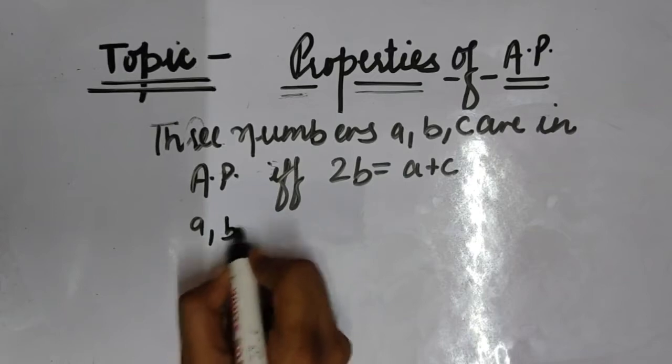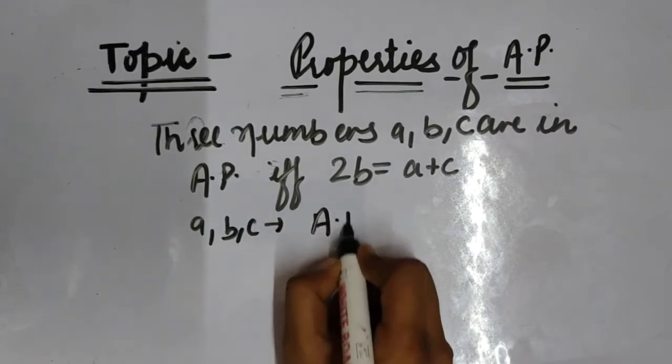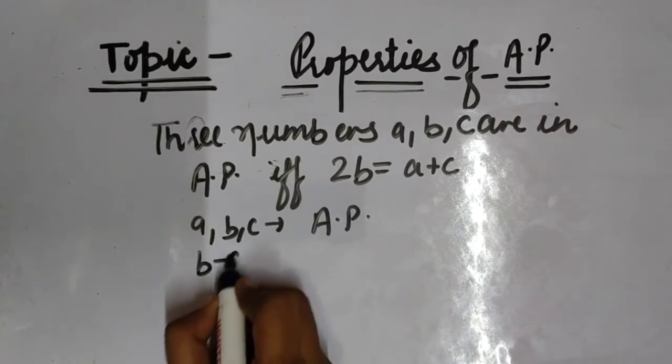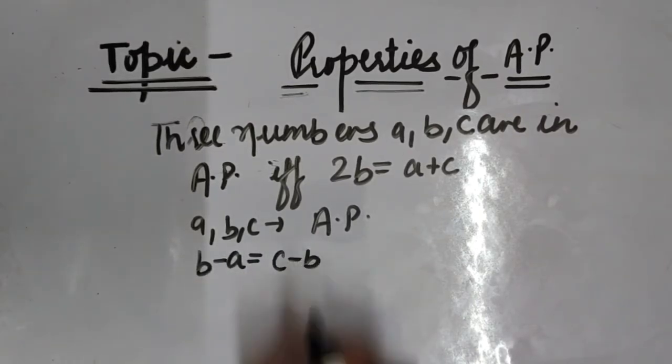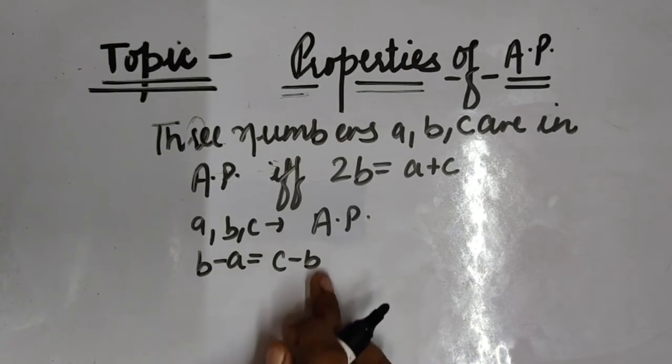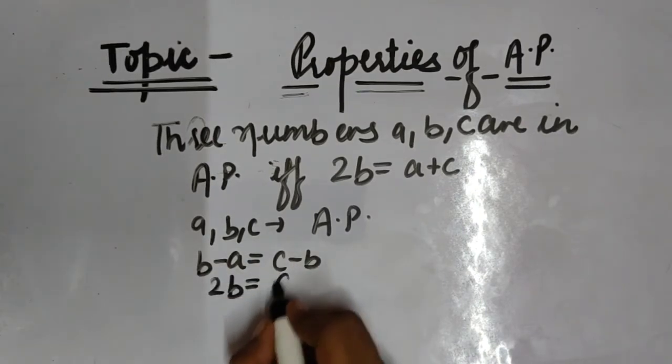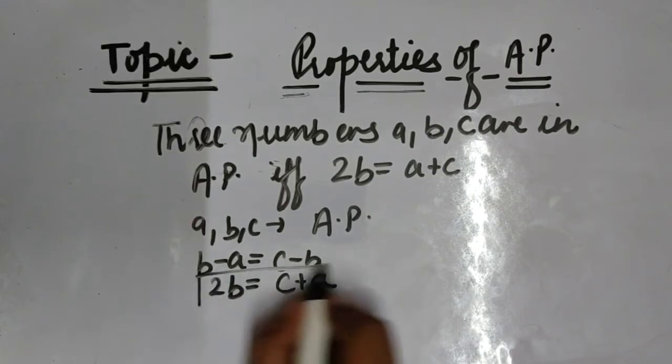If three numbers are in AP, then I can say their common difference will be the same. So what can I write? B minus A will be equal to C minus B. And if I take minus B from here to here, it will become 2B is equal to C plus A.